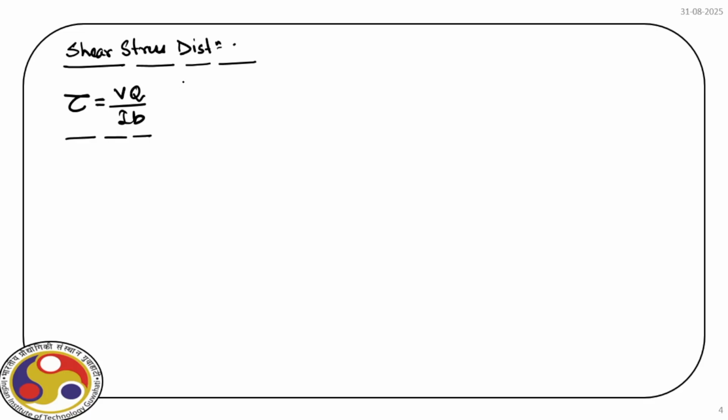Now let us take an example. Example 1. We have a cantilever beam. The length of the beam is 2 meters and the beam is subjected to a UDL. The intensity of the UDL is 10 kilonewton per meter.